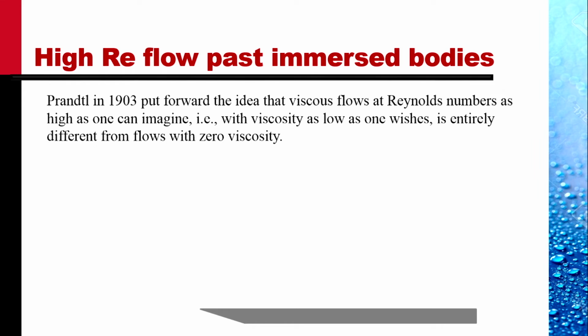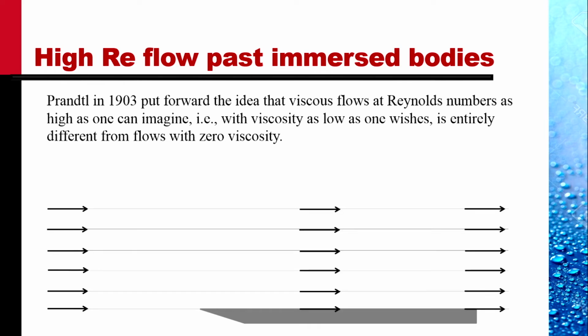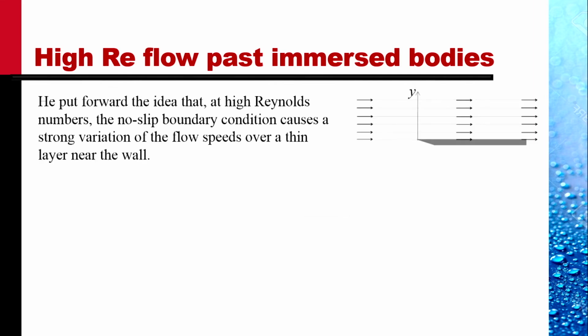If I have a flat plate and a flow parallel to this, if the viscosity is zero, we cannot satisfy the no-slip condition on the plate, and we have uniform flow throughout. But that is not the case if there is viscosity present, howsoever small.